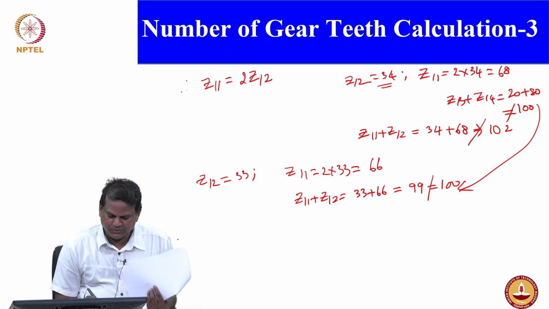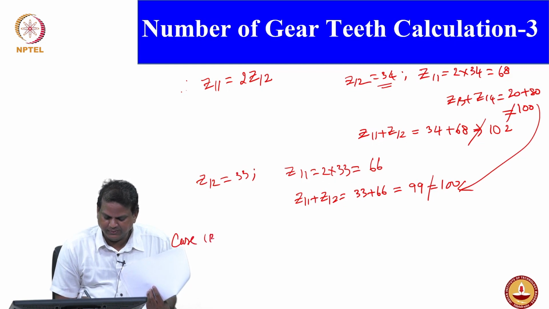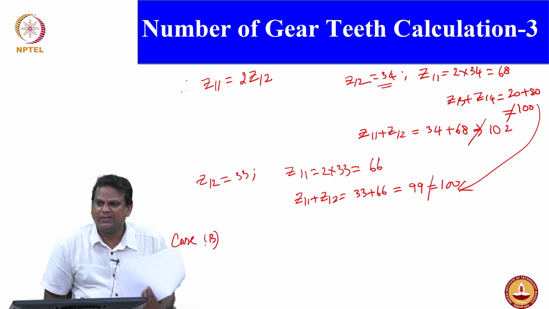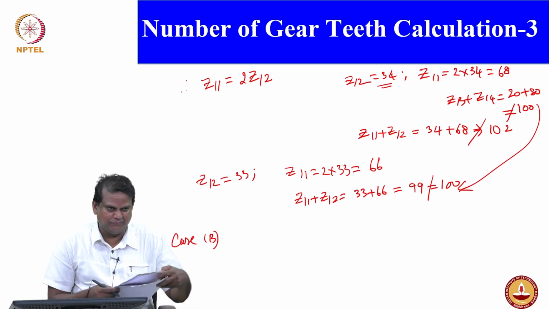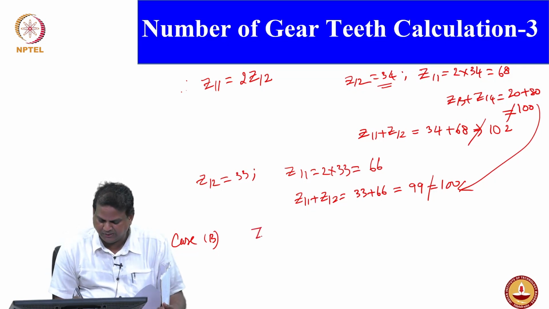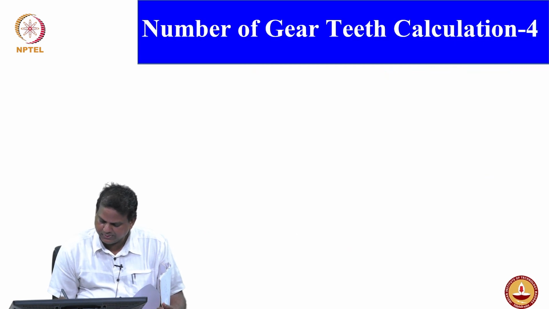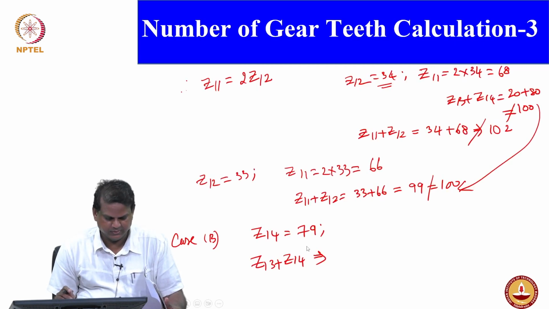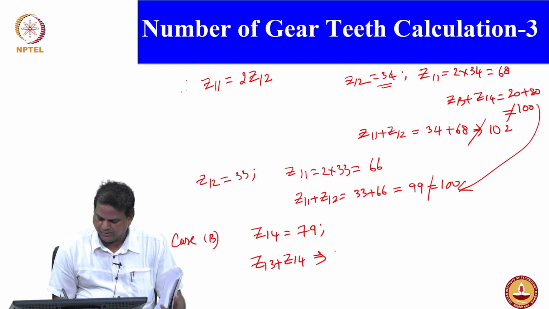Absolutely correct. So the case B, in case B what we have assumed is 79, because what is that number, Z14. We have chosen 79. If we choose Z14 as 79, then Z13 plus Z14 is 20 plus 79.